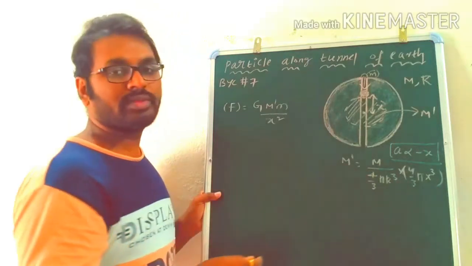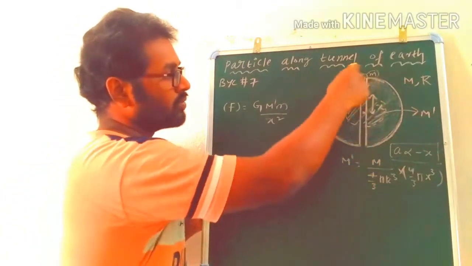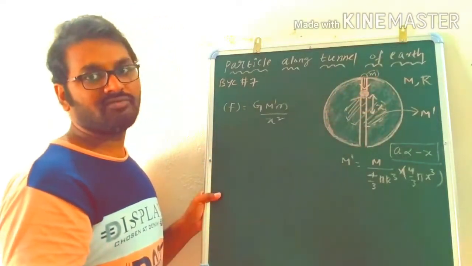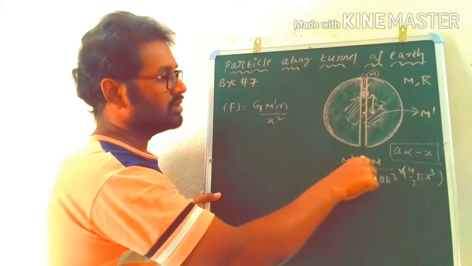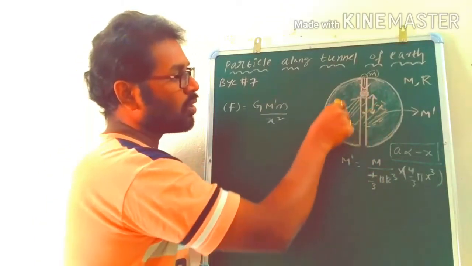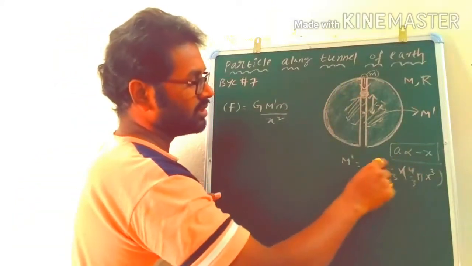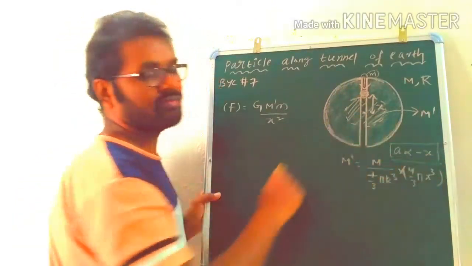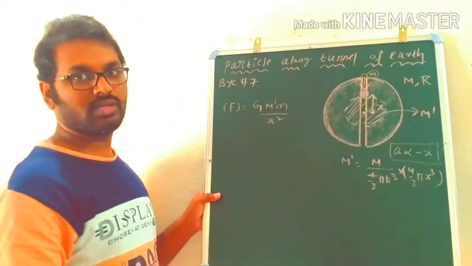What is M by 4 by 3 pi R cube? It is mass per volume, called the density of the Earth. The density of the Earth does not change. So if you want to find the mass of this part having the radius x, you just multiply the density with the given volume. There you will get the mass of that part.